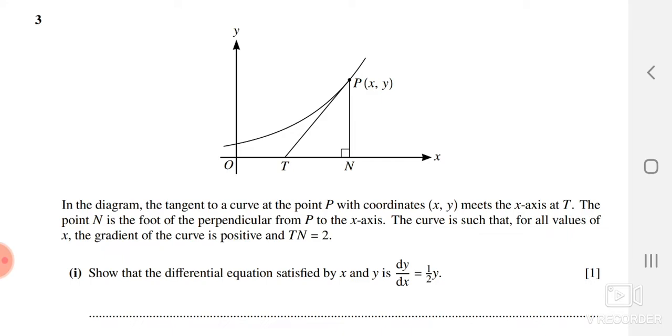Now you have P's coordinates, T's coordinates, and N's coordinates, and you can easily find the gradient of PT by using the formula (y2 − y1) over (x2 − x1), and that would be dy/dx, and then you can make this equation easily.